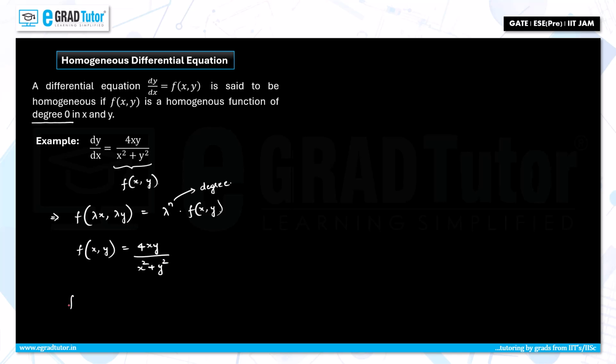Now you substitute f of lambda x comma lambda y. This is nothing but 4 times lambda x times lambda y divided by lambda x the whole square plus lambda y the whole square.